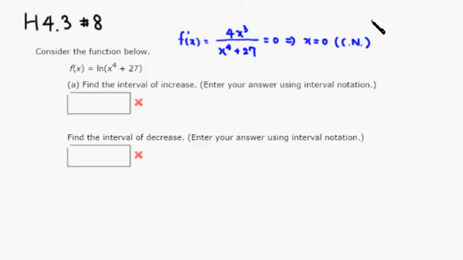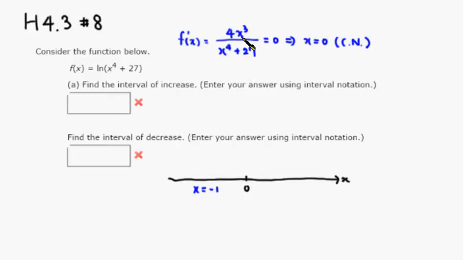Alright, so if you do a number line, maybe I'll do it down here. Here's x equals 0. Then we can try any sample number, like x equals -1. The denominator is always positive.